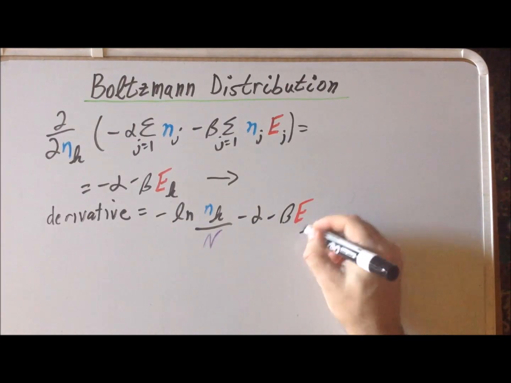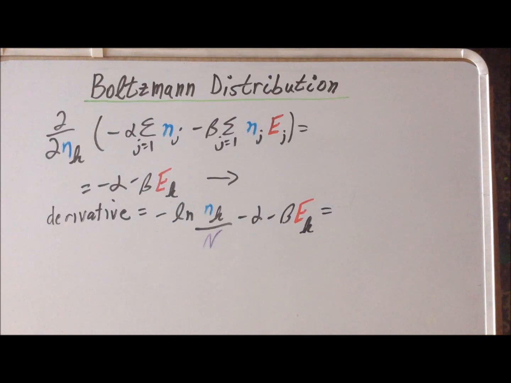And the reason we did all this was using the fact that the derivative is equal to 0 at a relative maximum. So we set all this equal to 0, and now we're going to be able to solve for the ratio of n sub k to the big N.